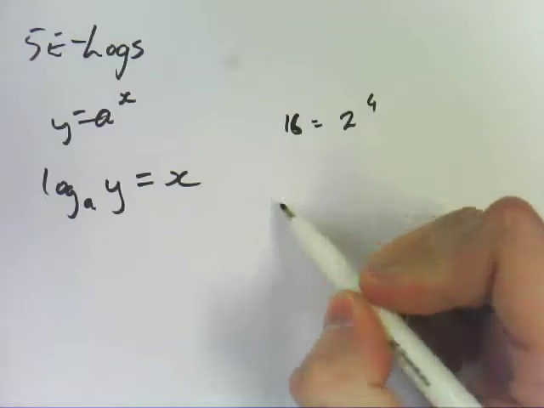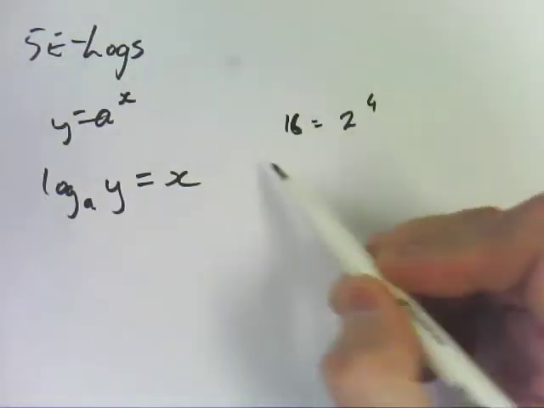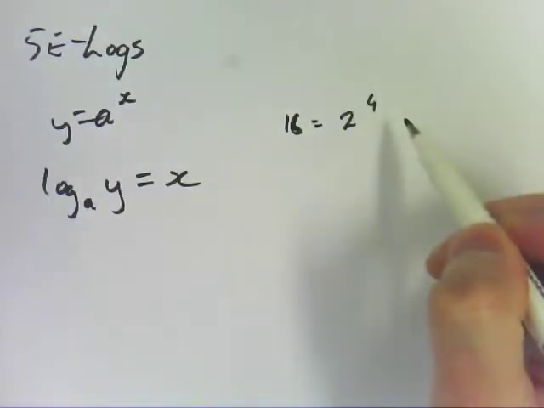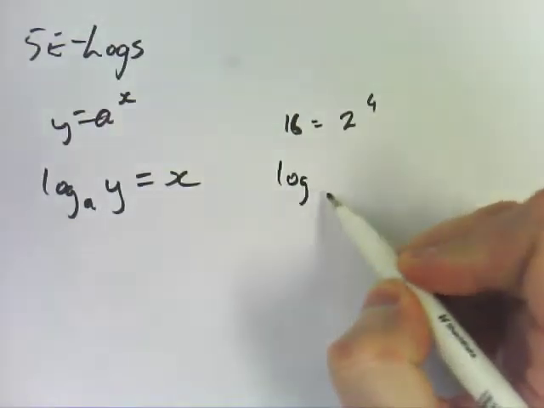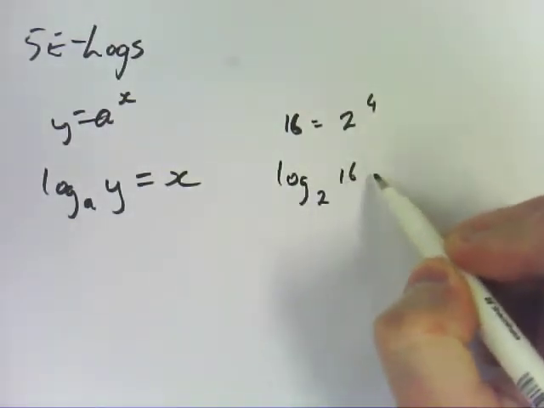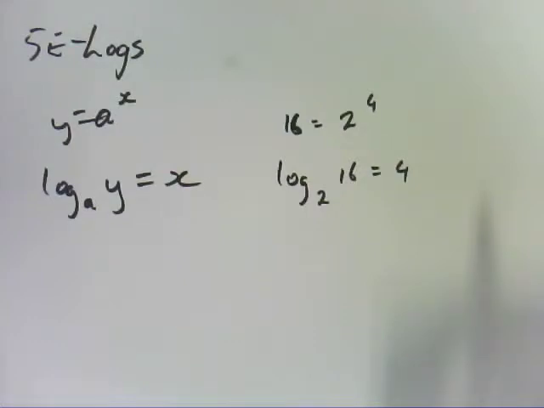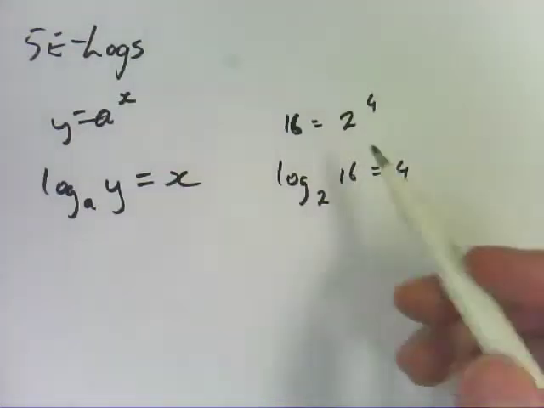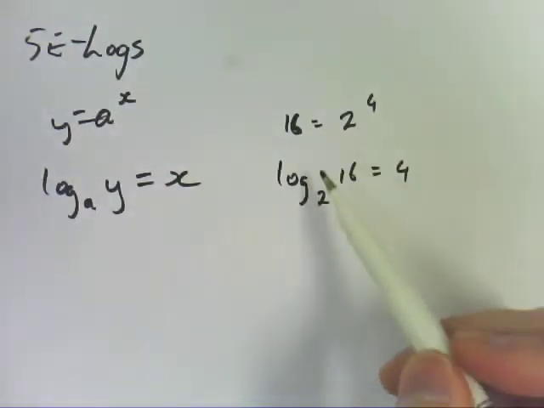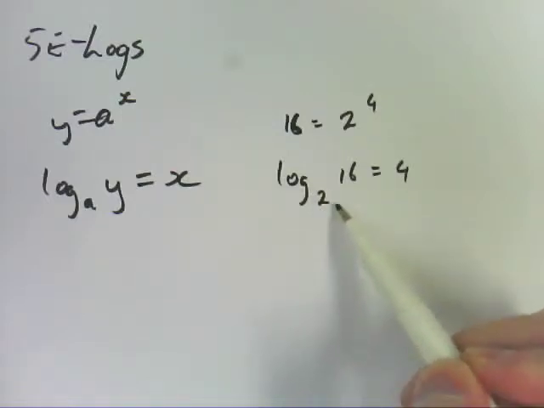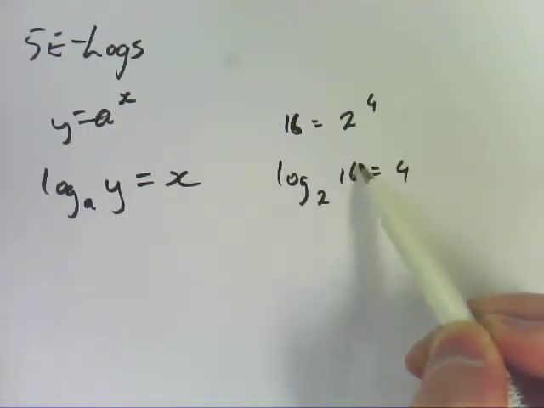Now if we're reversing that, log 2 of 16 is 4. So what you're asking when you're logging to the base 2 is, how many times does 2 multiply by itself to get 16?